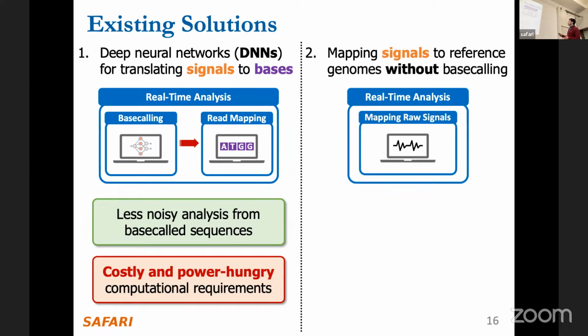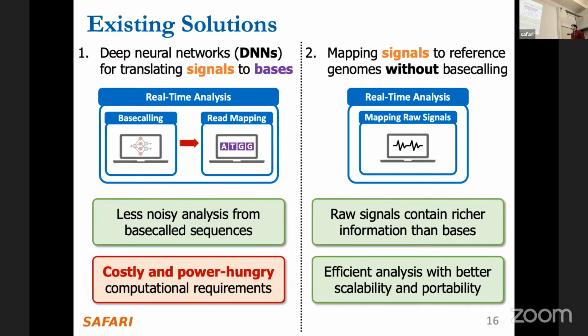The second direction is mapping the raw signals directly to the reference genomes without translating them into ATGCs. So here we're mapping the electrical signals to reference genomes. The 2 main advantages of these approaches are, first, raw signals contain richer information than just bases. They are known to contain extra information, whereas you would only have ATGC information in the base-called signal.